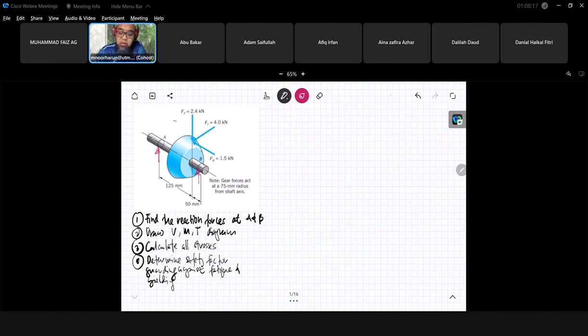Okay, one plane is this plane. Okay, this plane. So from this plane yang kita lihat from this side, from this plane kita akan lihat these forces.